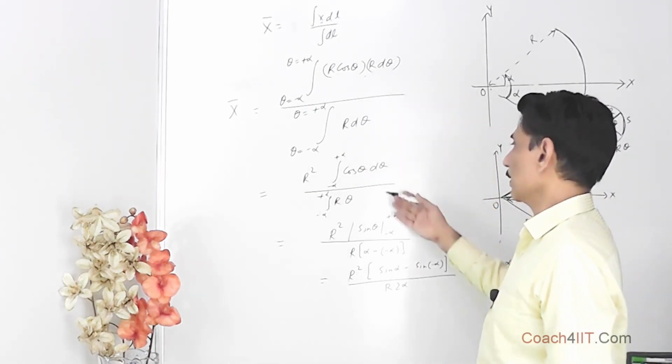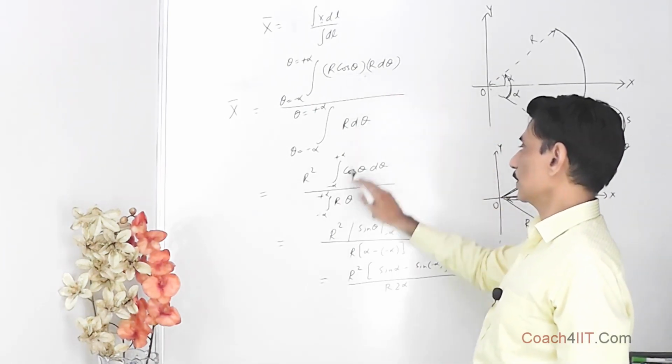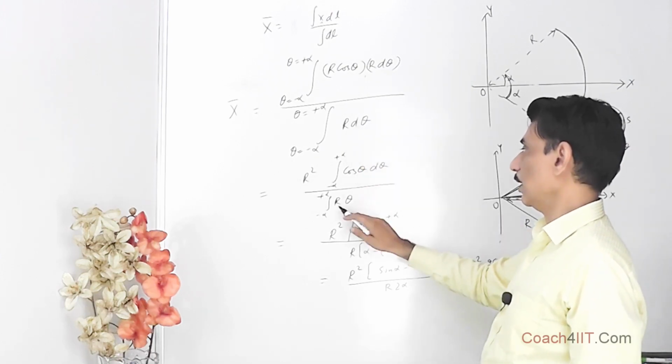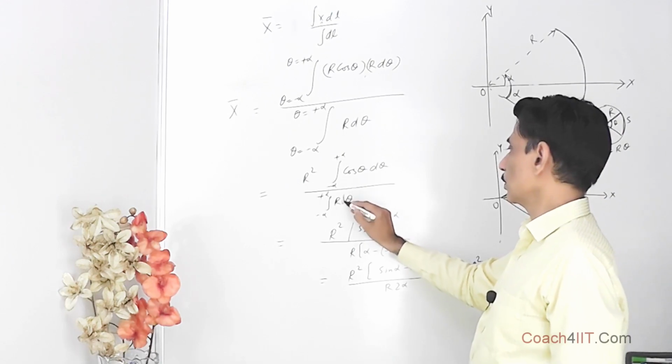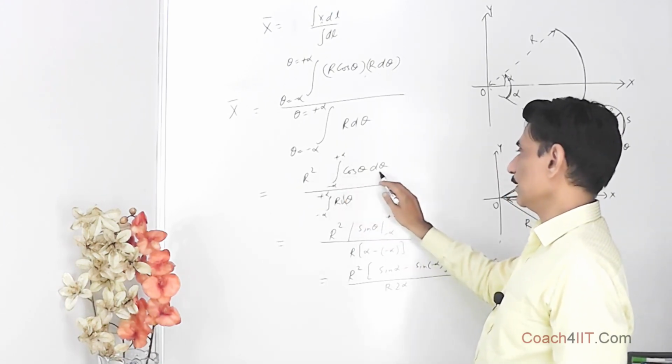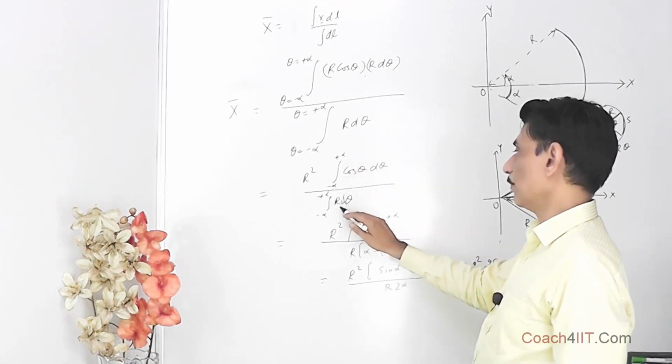So now it is simple. We have r square cos theta d theta integral over integral of r d theta.